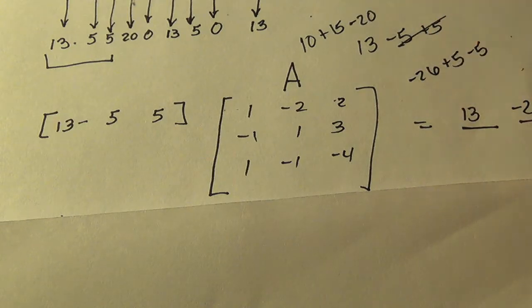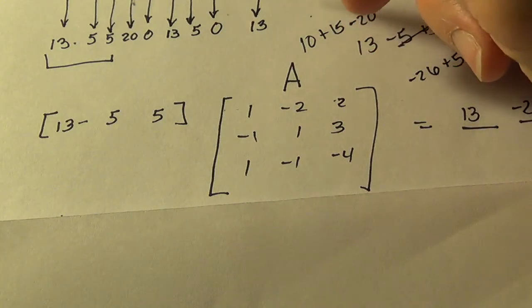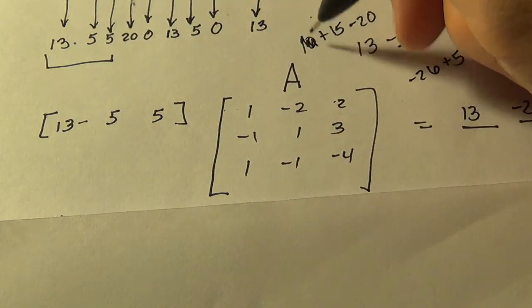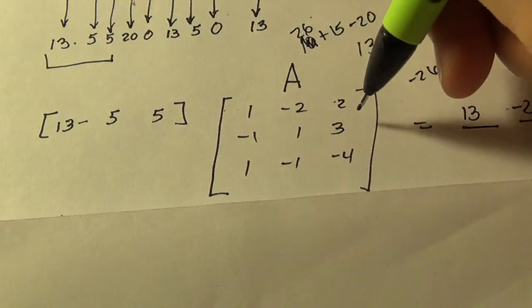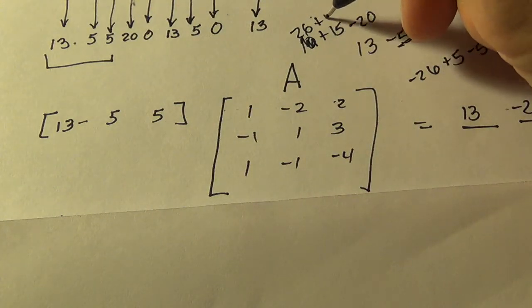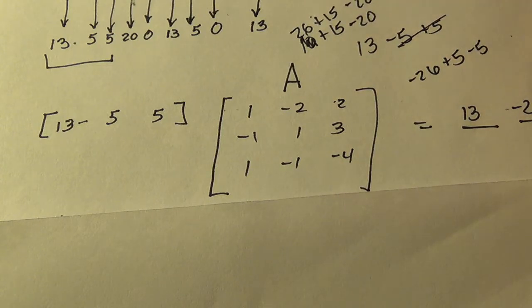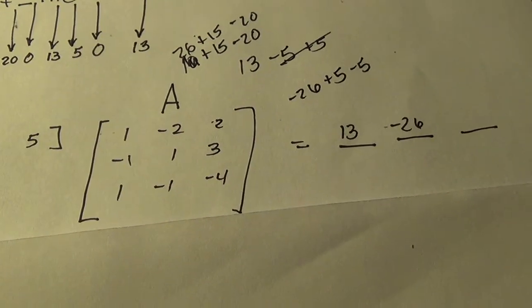I didn't write that. That's where I went wrong, I guess. 13 times 2 is 26. 5 times 3 is 15. And 5 times -4 is -20. Alright, putting those together, I get a 21.